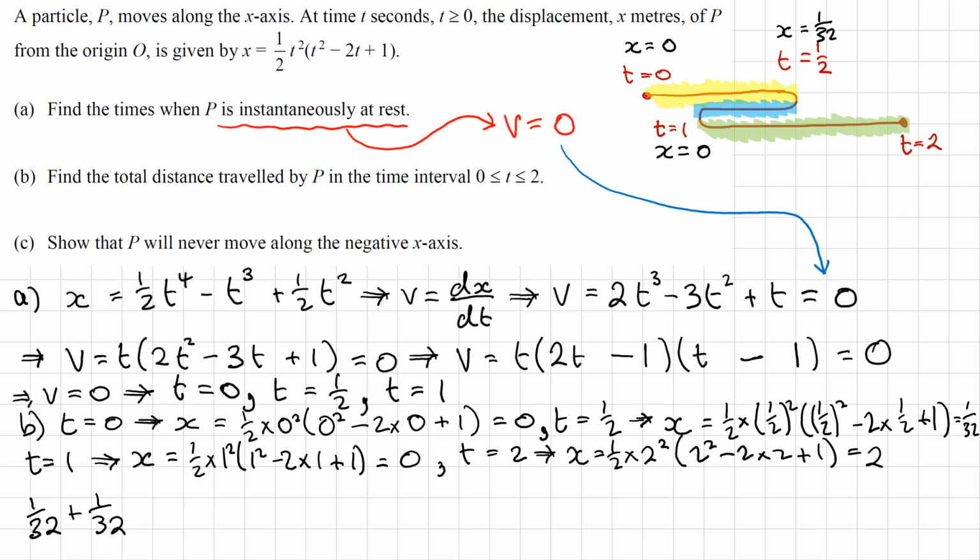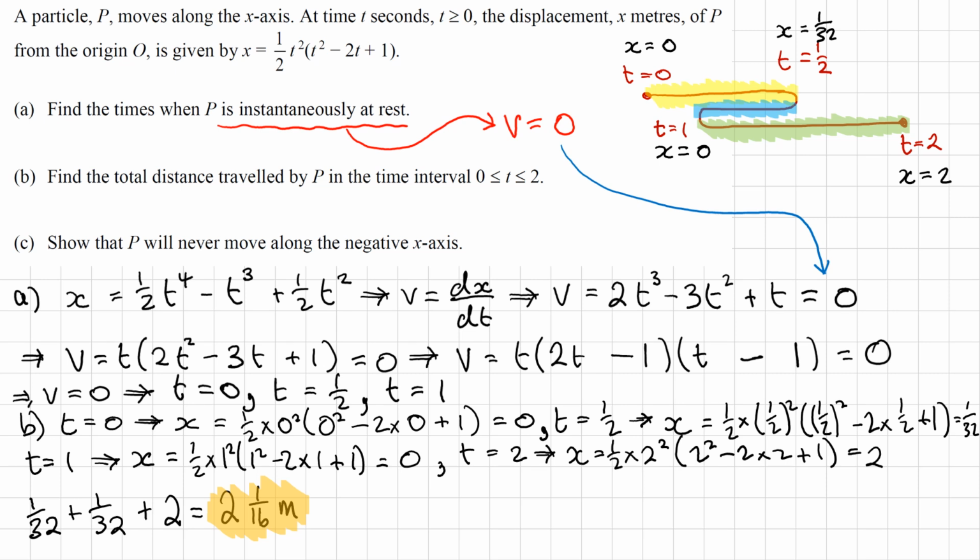So right at the end the x position is 2. So that means that this green part of the journey is a distance of 2. So we've got 1 over 32, another 1 over 32, and then another displacement here of 2. So that will give us the total displacement, which is 2 and 1 over 16 meters.